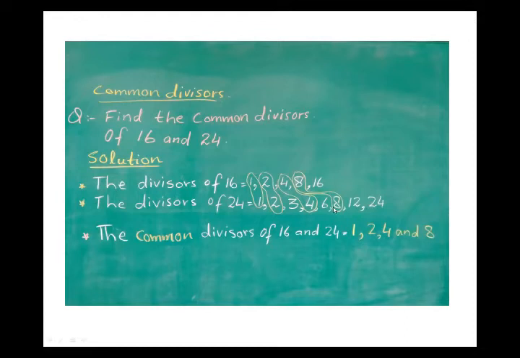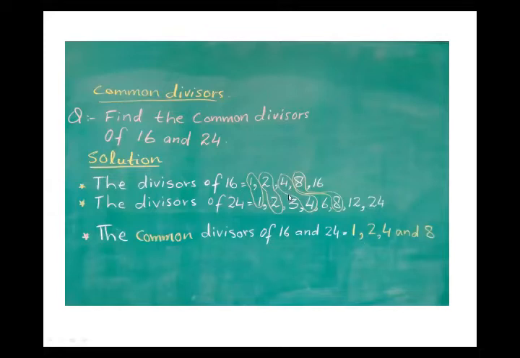After listing out the divisors of both numbers, we pick only the common ones between them. The divisor 1 is common between 16 and 24, so we pick 1. The divisor 2 is common between 16 and 24, so we pick 2.